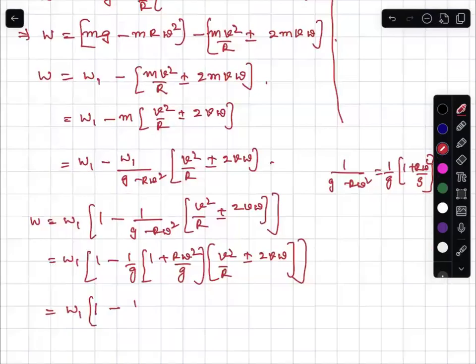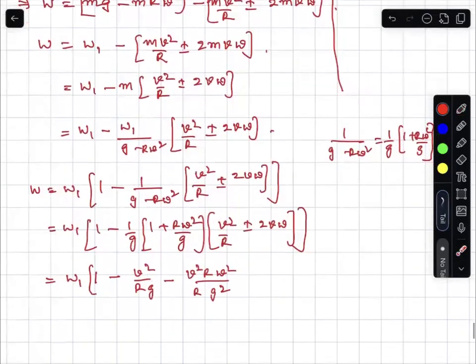So you will get v square by rg. Don't get confused, it is the product of these two. And again, the product of these two gives v square r omega square by r g square.